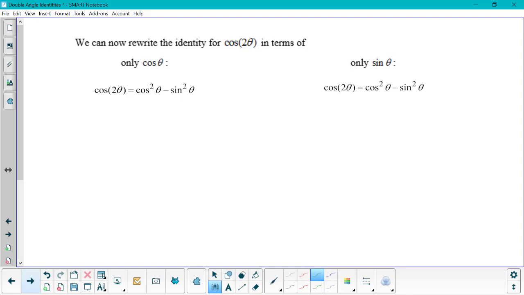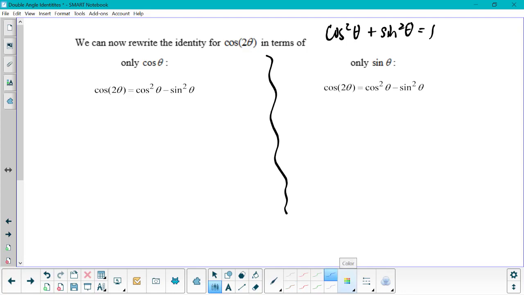Or I can write it in terms of only sine. And the way we can do that is by using our Pythagorean identity. And remember our Pythagorean identity, cosine squared plus sine squared equals 1, and our alternative versions where we can isolate or solve that for cosine squared or sine squared.